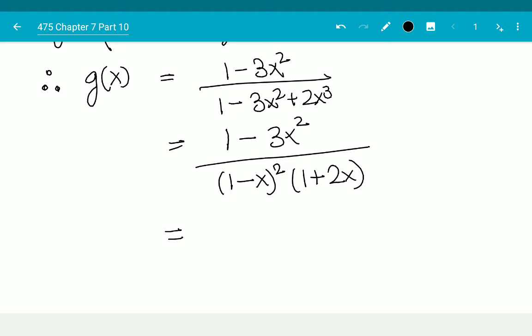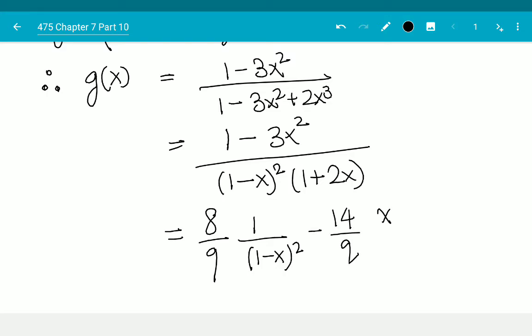This gives you 8 over 9 times 1 over 1 minus x squared, minus 14 over 9 times x over 1 minus x squared, plus 1 over 9 times 1 over 1 plus 2x.